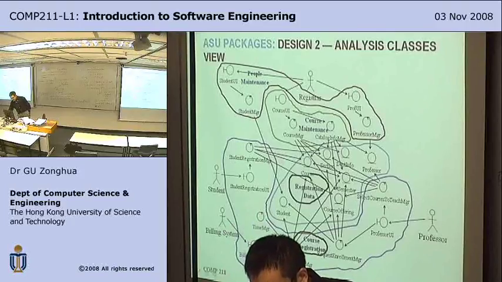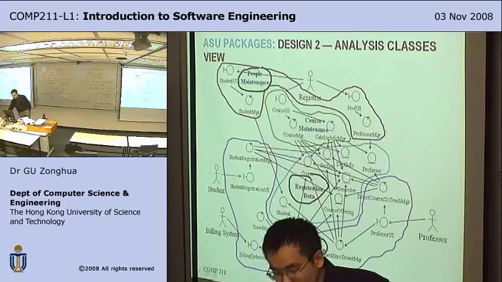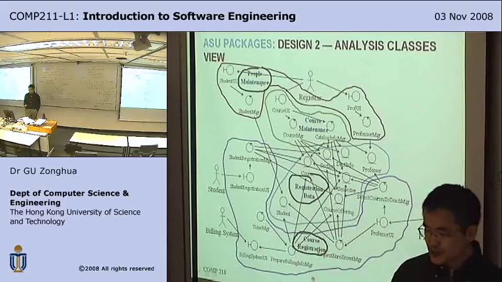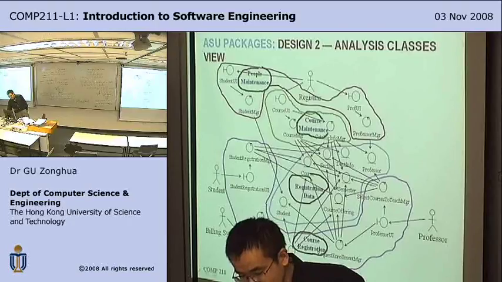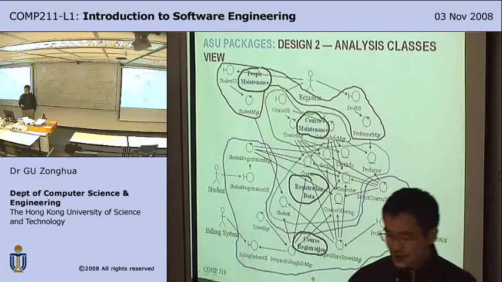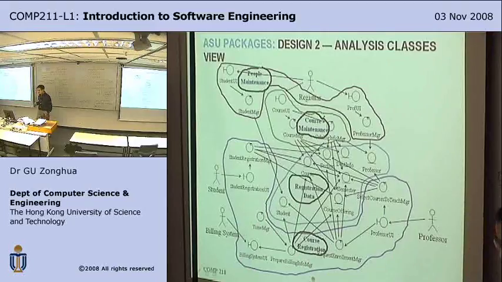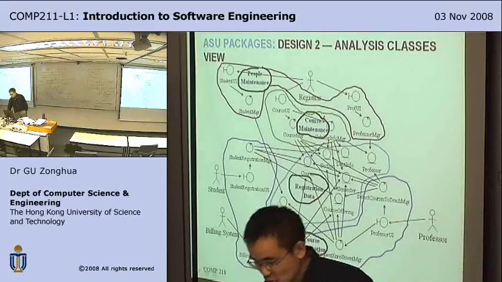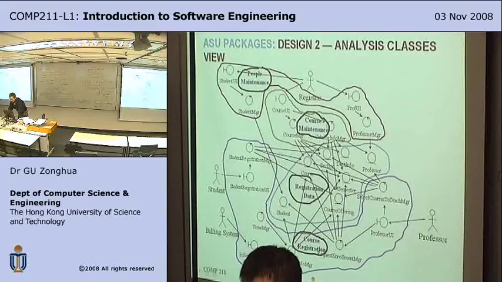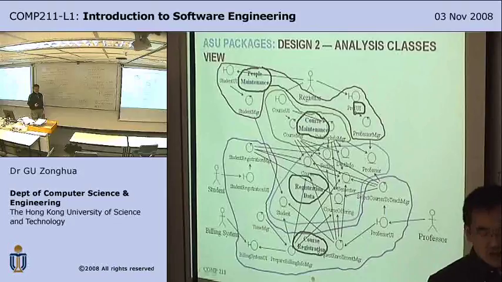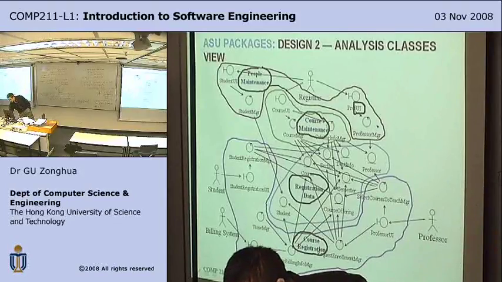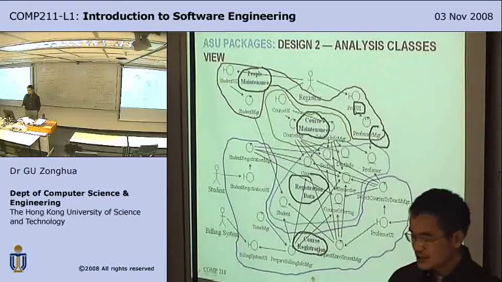But now the people maintenance contains the boundary and control classes for student and professor, and course maintenance package contains all the course boundary and control classes. Remember, the convention is to have a UI suffix to the class name to represent that it's a boundary class, and a manager suffix to indicate that it's a control class.